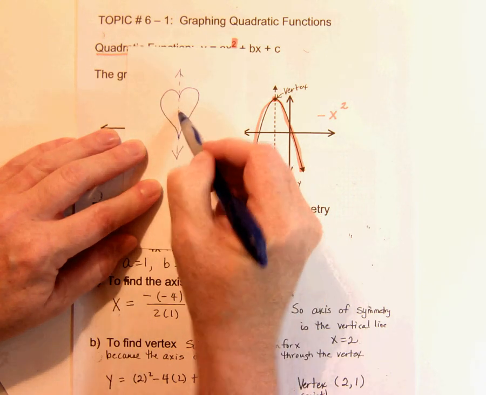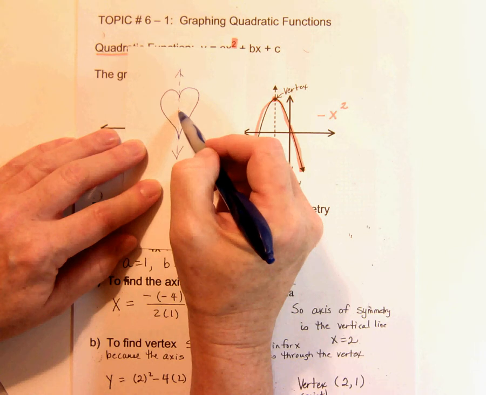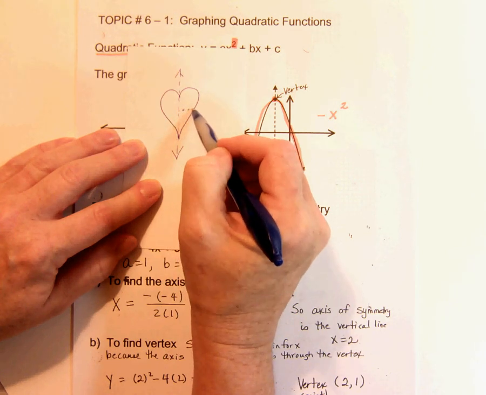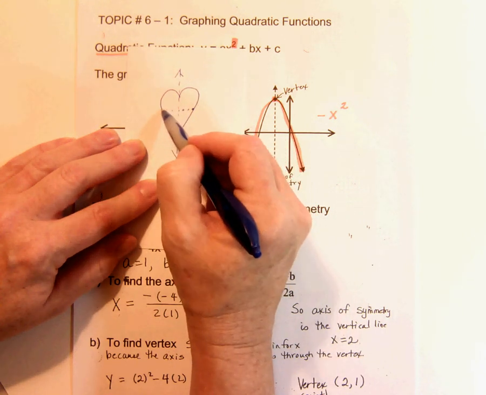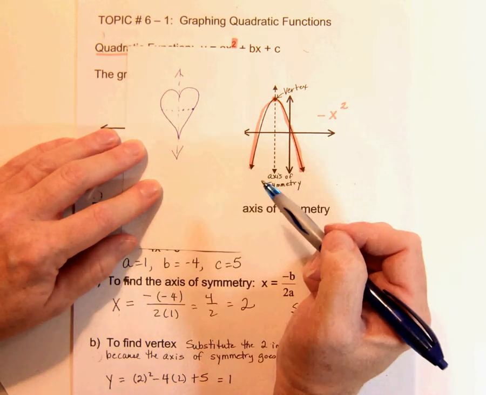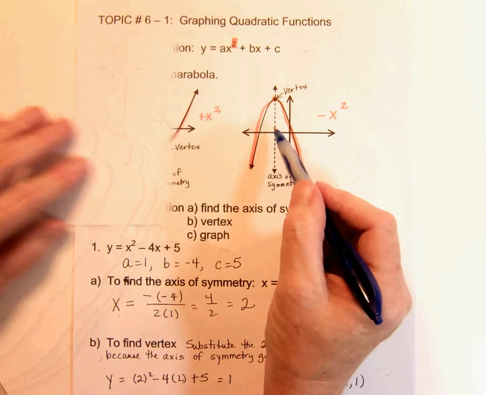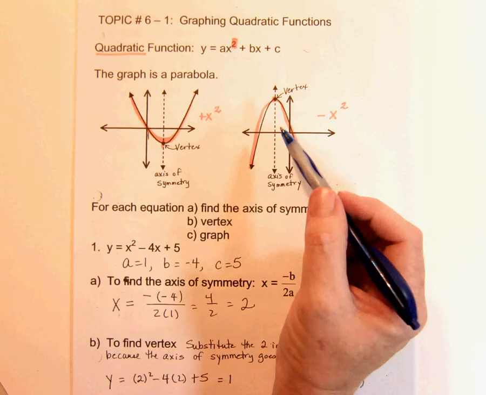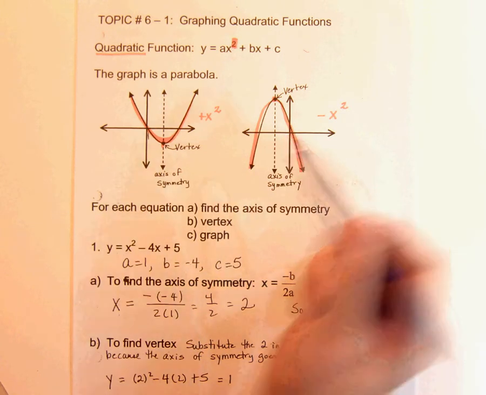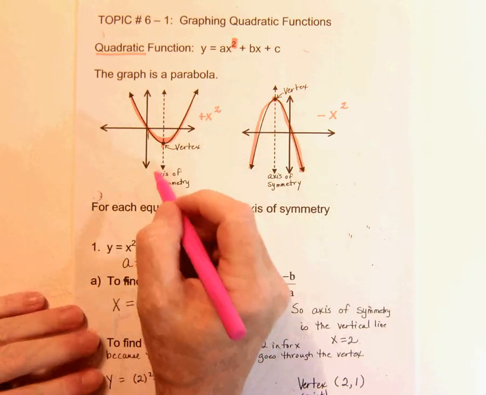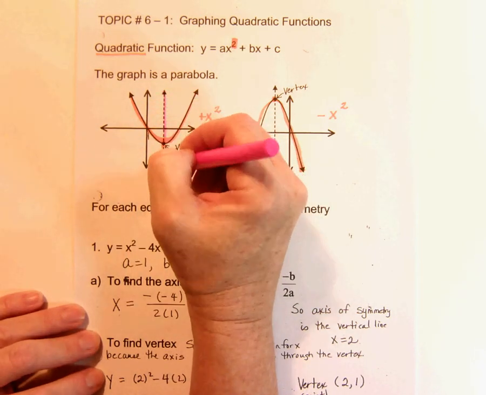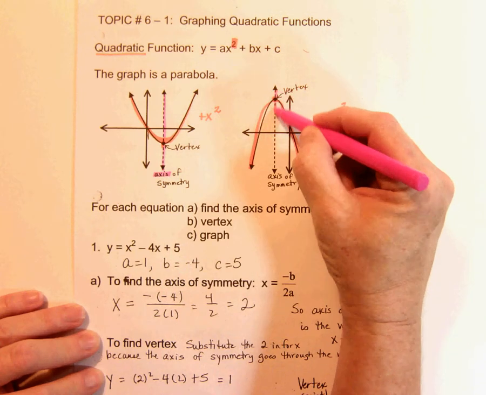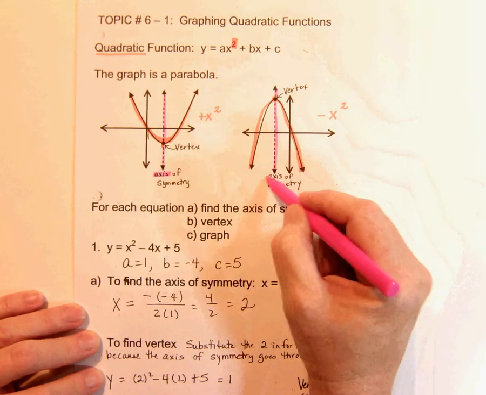From any point along this axis, if I counted the number of points out to any symmetrical side, those numbers would be exact. A lot of times when we're getting points on these parabolas, the axis of symmetry is important. It is the line that cuts the parabola directly into equal halves on either side.